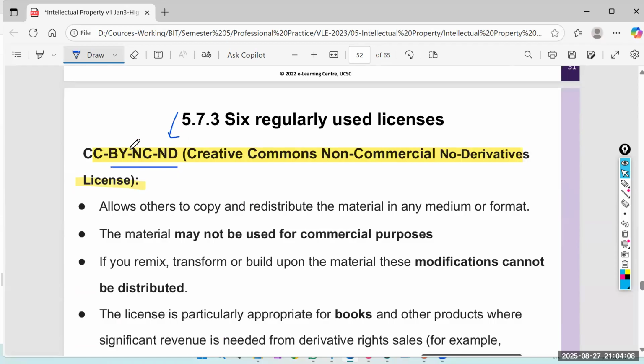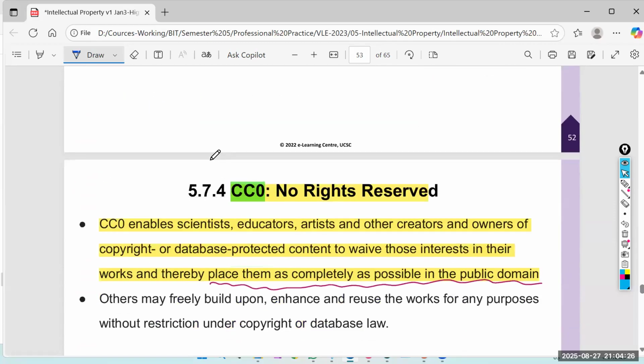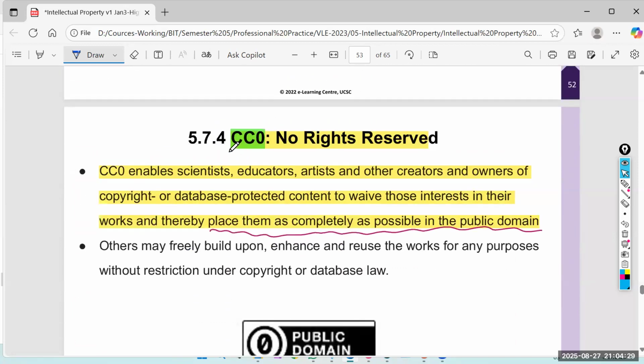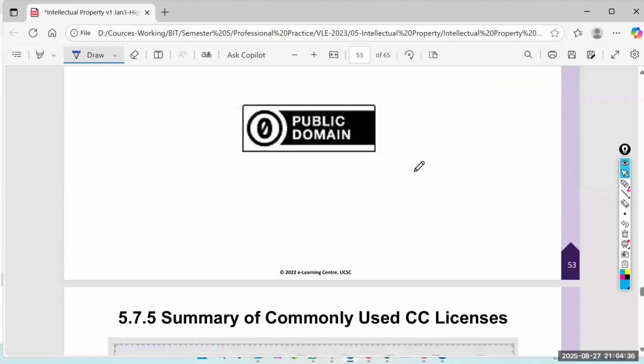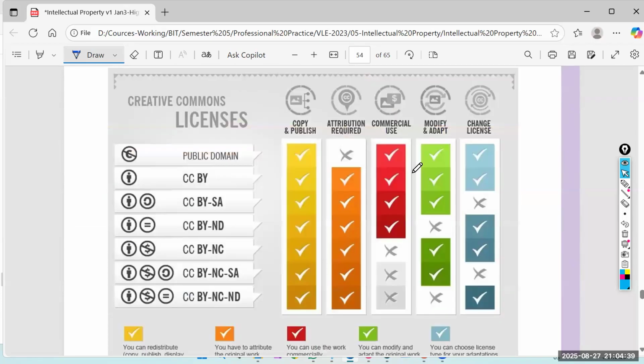They will ask you to explain what is meant by these Creative Commons licenses, or they will give you clarifications and ask you to write down the Creative Commons license structure. Remember, CC0 means no rights reserved. It's like the general public. It's in the public domain. So these are some possible combinations of Creative Commons licenses.